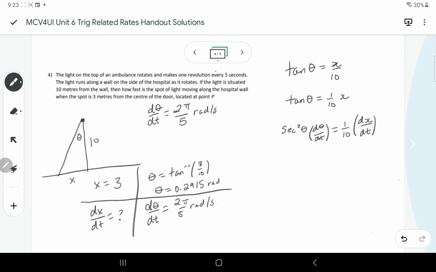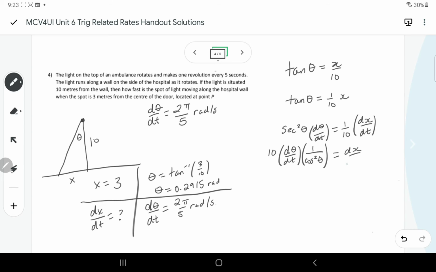I don't have a secant button on my calculator, so I kind of want to rewrite this as d theta dt, and then it's going to be 1 over cos squared theta. And I'm going to simplify and just get rid of that 1/10 and put it up over there.